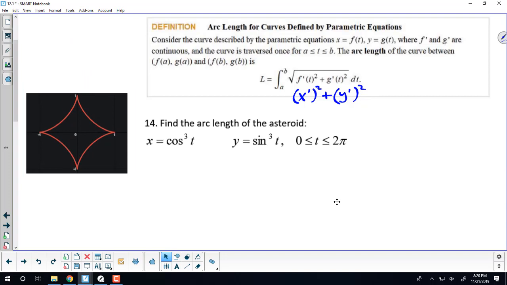So we want to find the arc length of the entire thing. And so what we have to do is find x prime squared and then y prime squared, and add those together underneath the radical. So the derivative of x with respect to t would give us what?